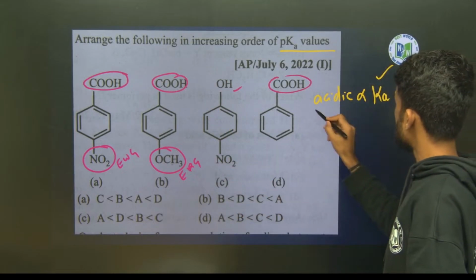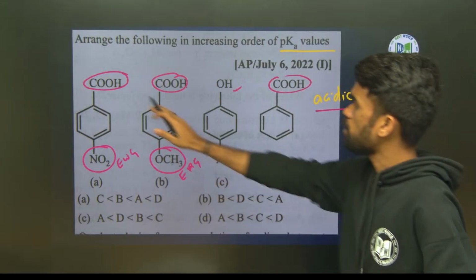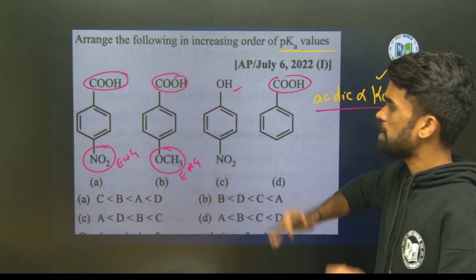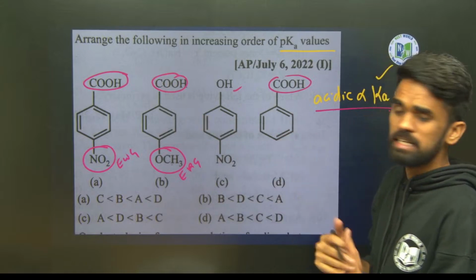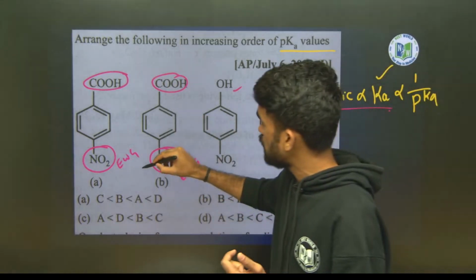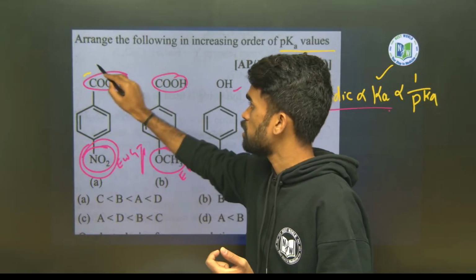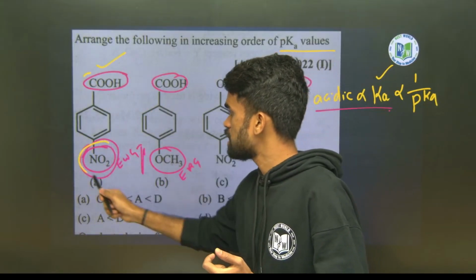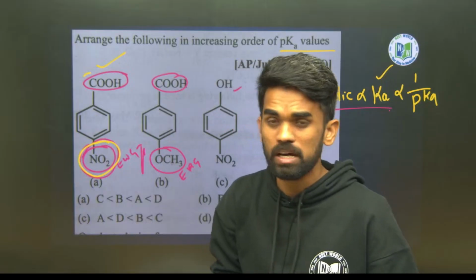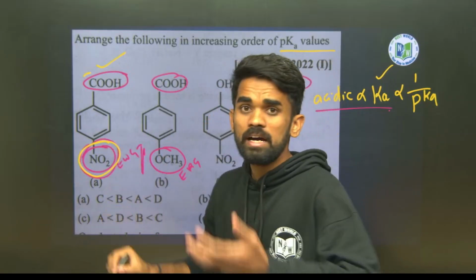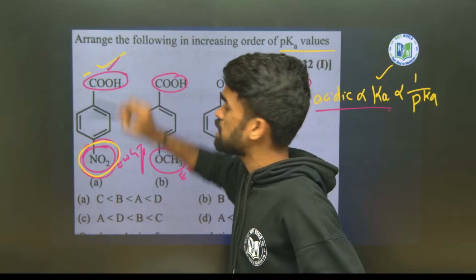So in the acidic nature order, which is more acidic? Carboxylic acids are more acidic, and among the given carboxylic acids, those containing an electron withdrawing group are more acidic. This one is more acidic because it has an electron withdrawing group, which increases the stability of the carboxylate ion.